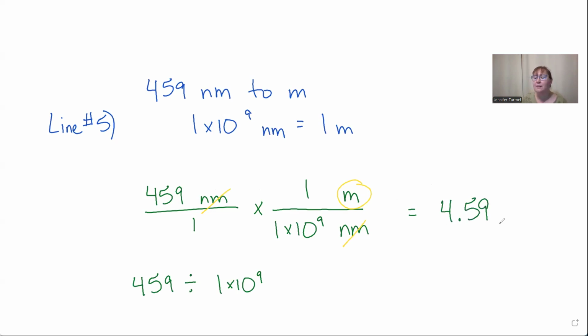I have seen many students, like they're taking notes, they don't pull out their calculator, they don't practice it, and then they don't know how to use their calculator on the test and they get these wrong. And I give very little partial credit on this. You have to be able to use your tools because you're going to be engineers. Okay, and you get 4.59 times 10 to the negative 7th meters. And that is your final answer.